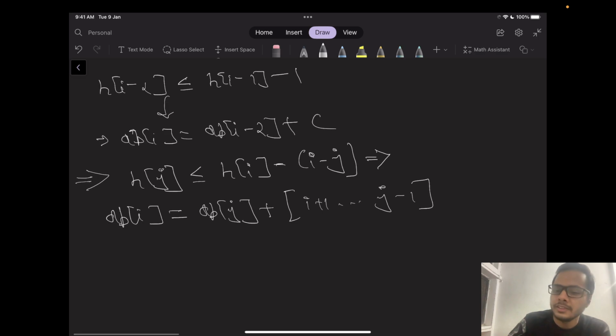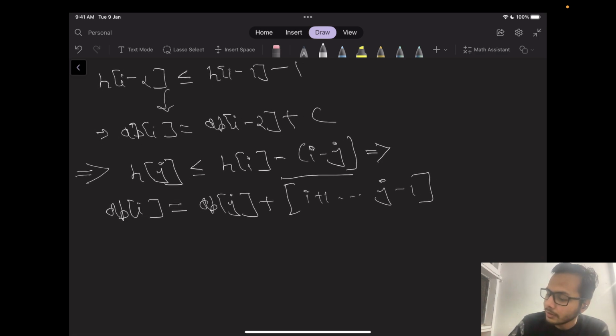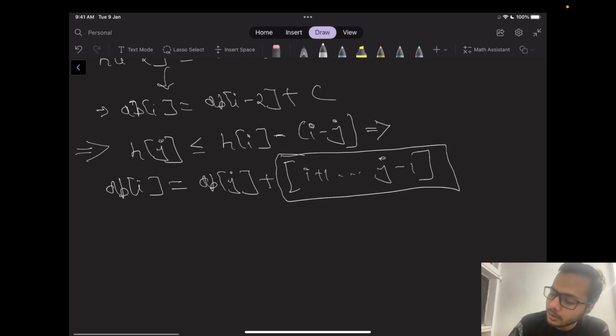So calculating this cost is easy. You can use some prefix sums to calculate this cost. Let's see how we can do this. This is not very hard.